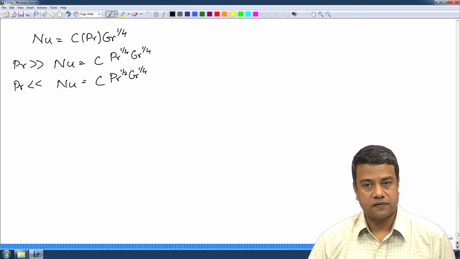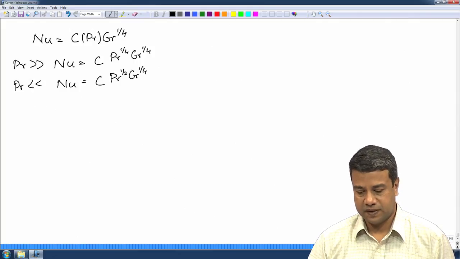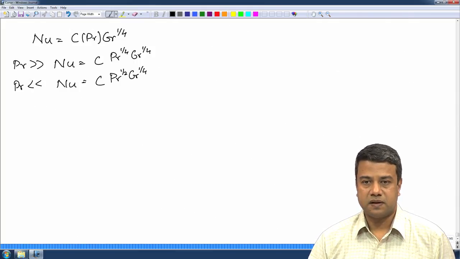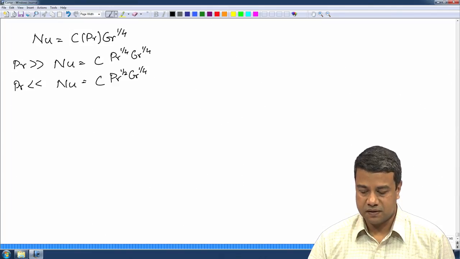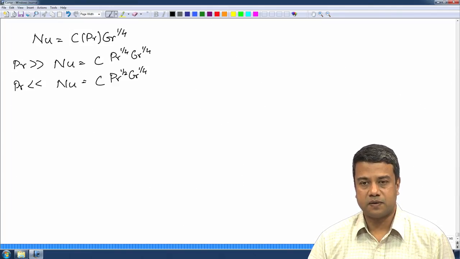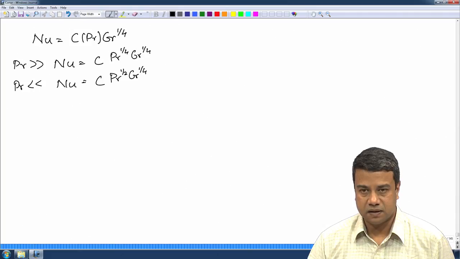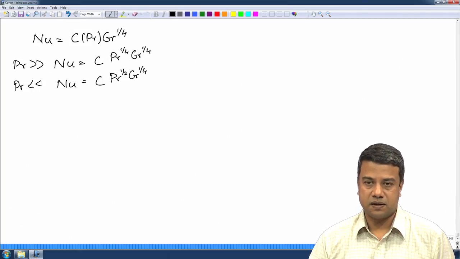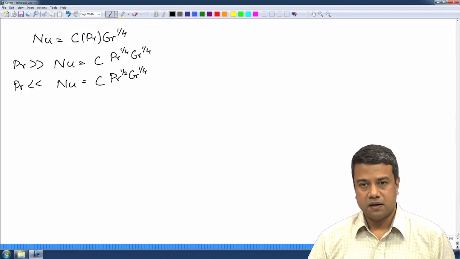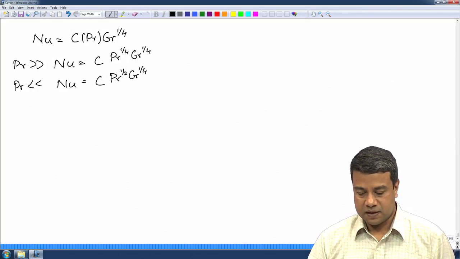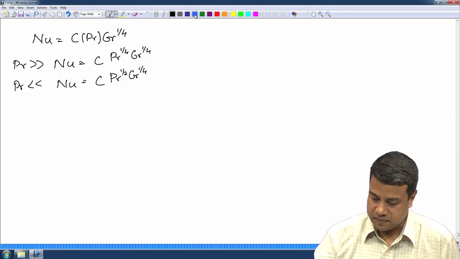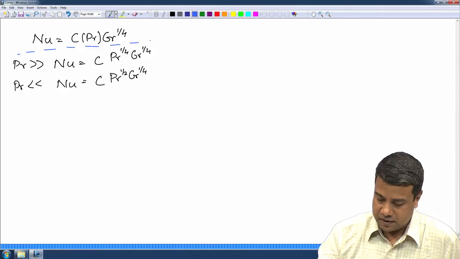General relation, Grashof number to the power plus 1/4, that is because the boundary layer thickness goes as Grashof number to the power minus 1/4. Grashof number is the square of a Reynolds number based upon the convection velocity due to the body forces. In the limits where the Prandtl number is much larger than 1 or much smaller than 1, we can get relations.